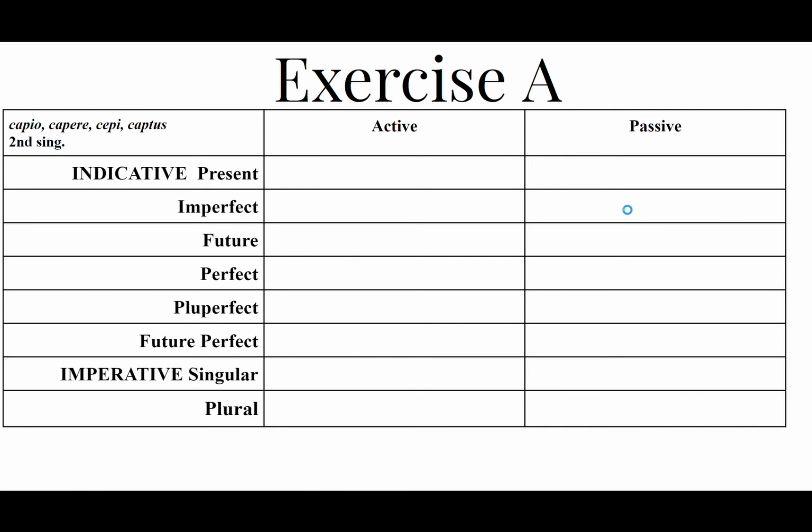Then for the future active, present stem capi, don't you dare add bo, bis, bit. It's capiam, capies, capiet, capiemus, capietis, capient. For the passive, it will be capi, present stem, keep the I, and then add eris.